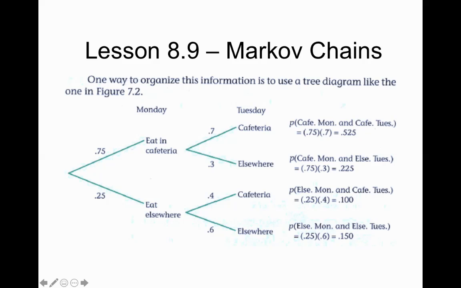So these are and statements, like the probability that they ate in the cafeteria on Monday and they ate in the cafeteria on Tuesday is, you just multiply those two probabilities. So you get 0.525. Now the interesting thing is that these four probabilities right here actually do end up adding up to 100%. So there are a lot of similarities going on here.